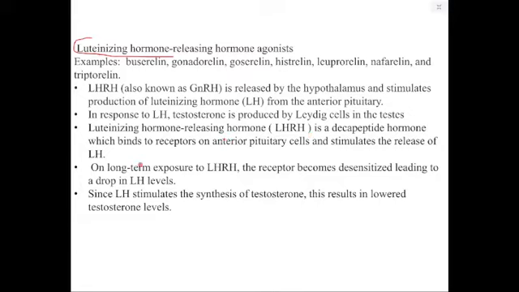antagonist activity. On long-term exposure to a luteinizing hormone releasing hormone, the receptor becomes desensitized, leading to a drop in luteinizing hormone levels. Again, this we have said severally, that if you continue exciting any receptor repeatedly, then it will get to a point and it will get receptor fatigue.